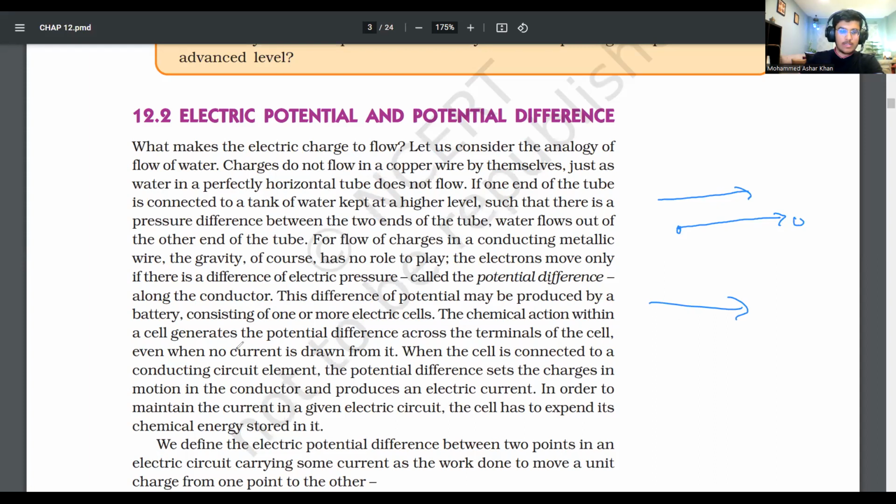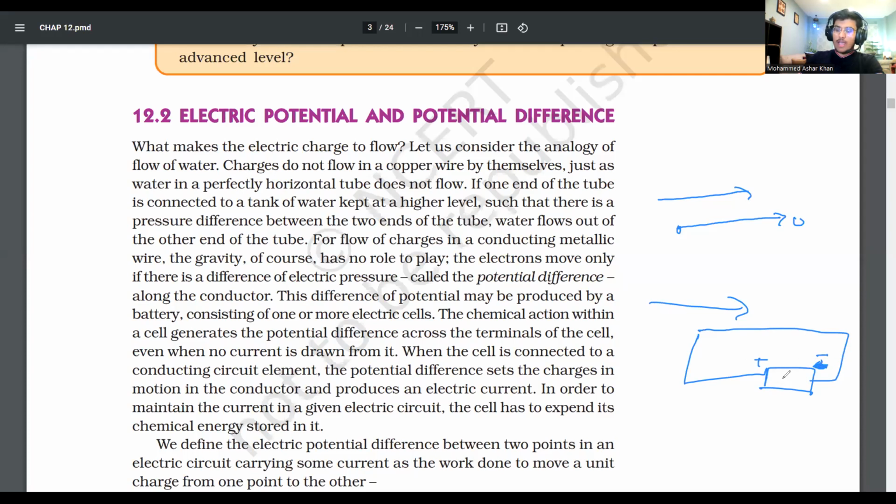The chemical action within a cell generates a potential difference across the terminals of the cell, even when no current is drawn from it. When the cell is connected to a conducting circuit element, the potential difference sets the charges in motion in the electrical conductor and produces an electric current. So when the cell is connected in a circuit, for example, this is the cell, this is the circuit, the positive and negative terminals are there, obviously.